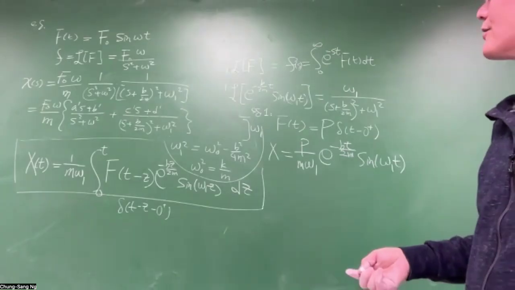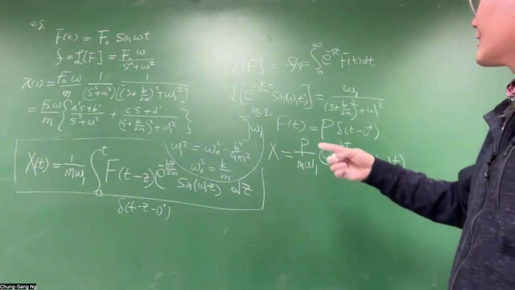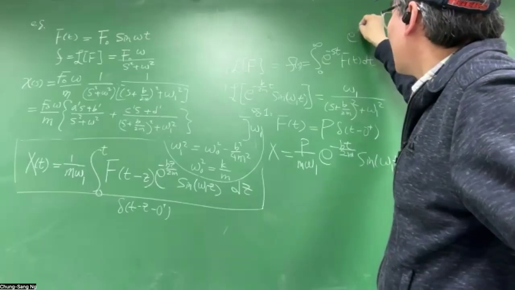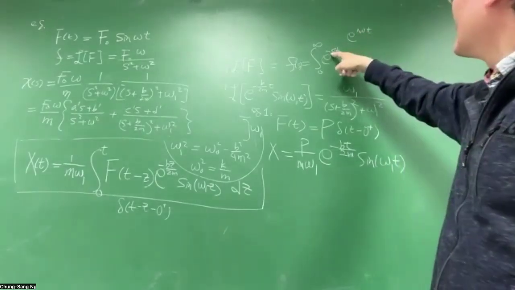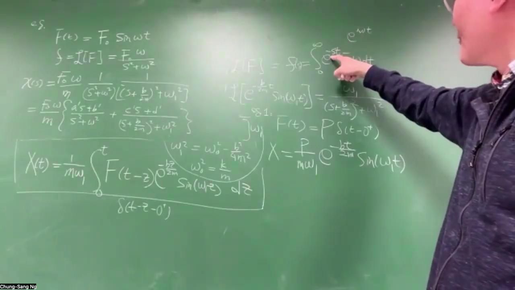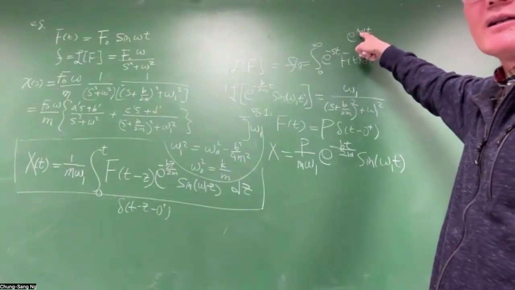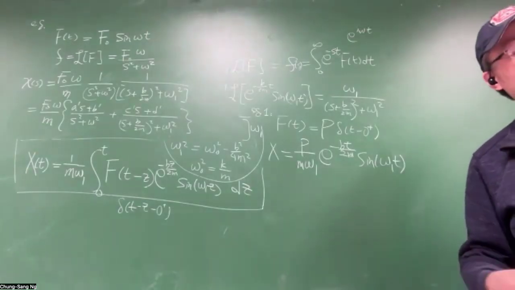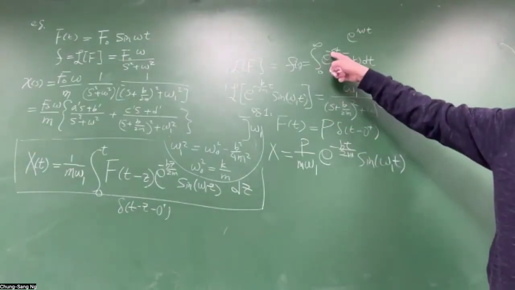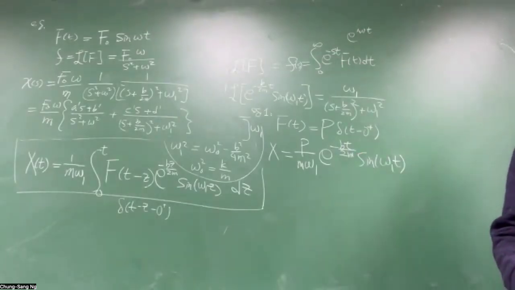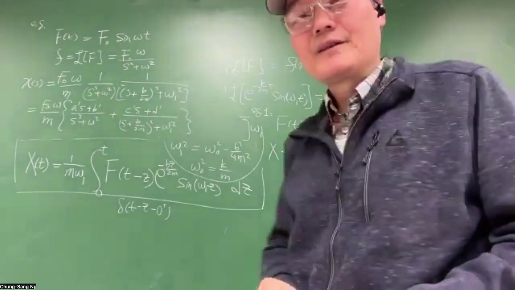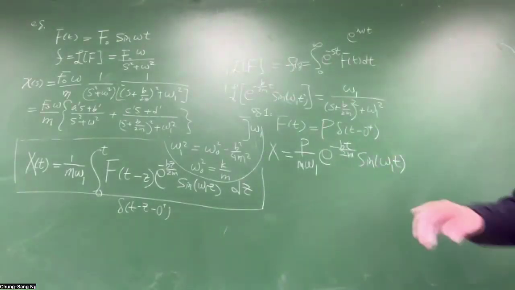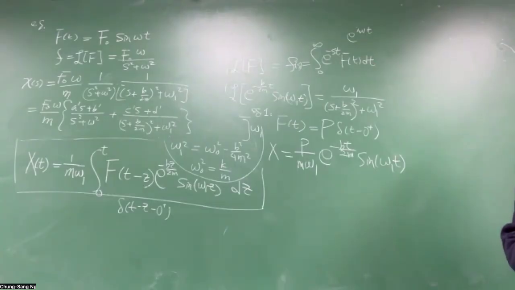Unlike the Fourier transform, you have either plus or minus i omega t, so you can think of S as either a growth rate or a damping rate, depending on the sign of S. That's the physical meaning of the S variable.